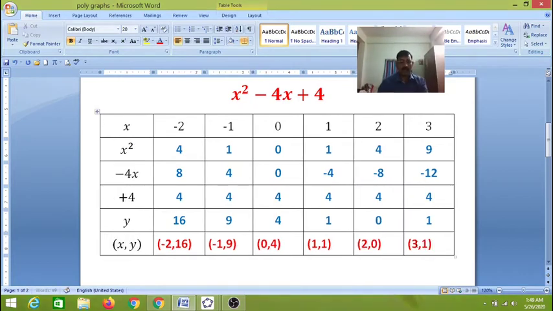Now again you can see that the points are minus 2 16, minus 1 9, 0 4, 1 1, 2 0, 3 1. Now try to plot graphs for this.